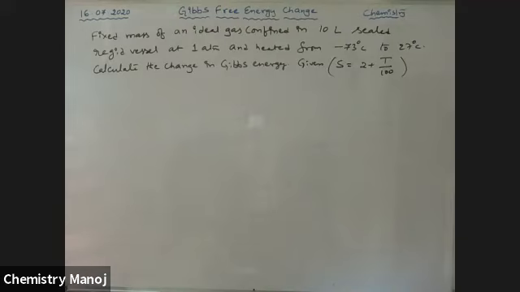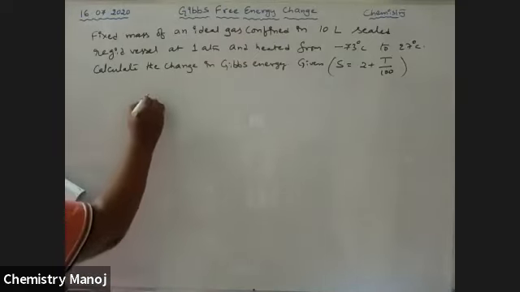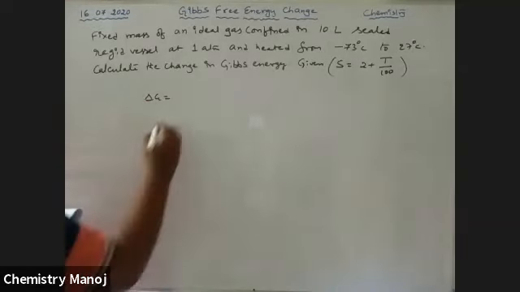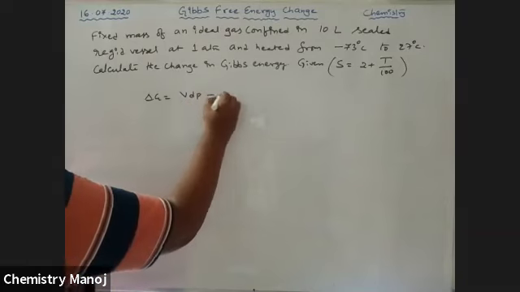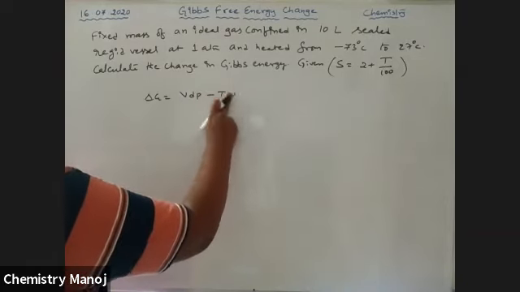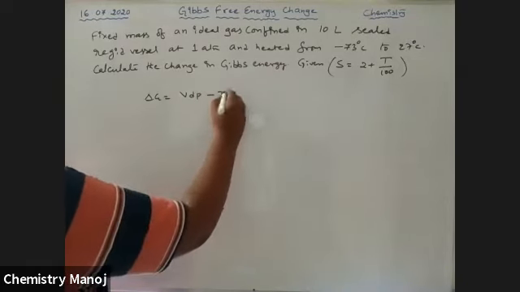Now try to identify the concepts. We have the formula; already yesterday we derived that one. Delta G is equal to VdP minus SdT.